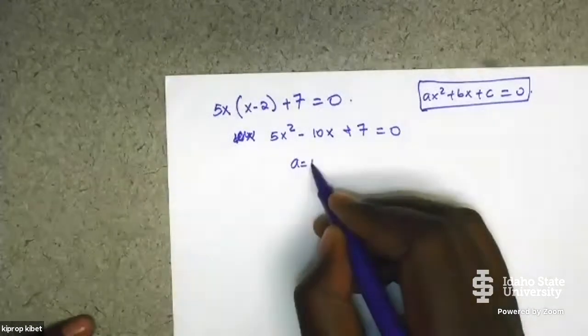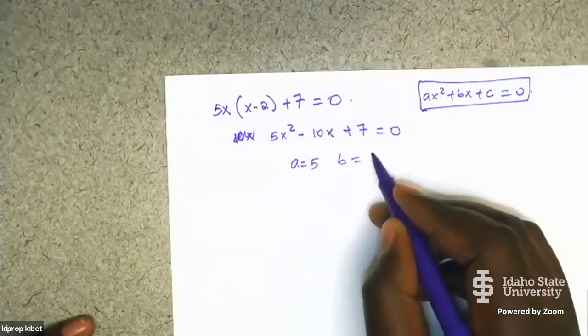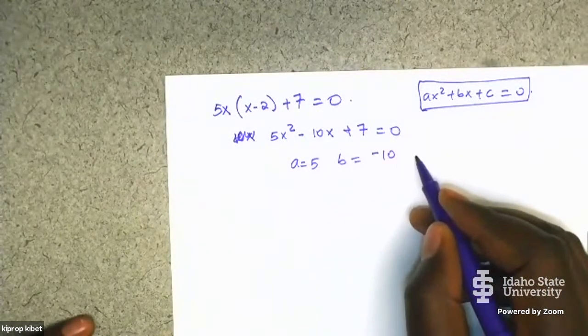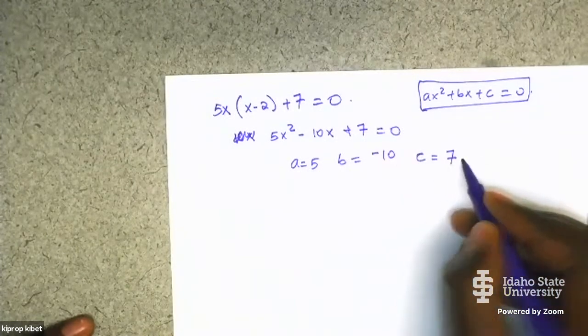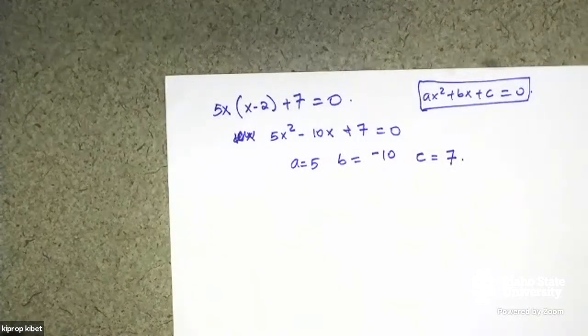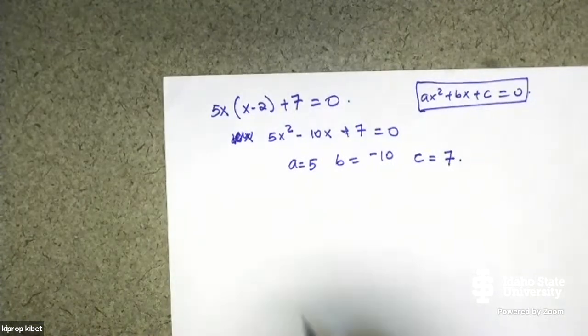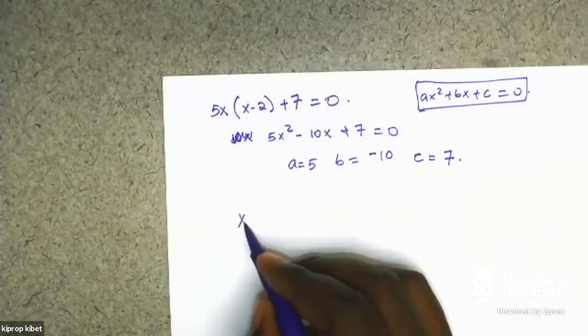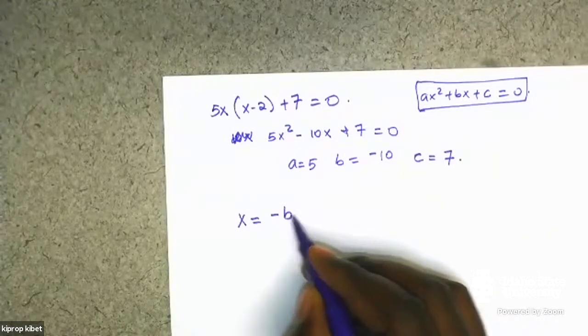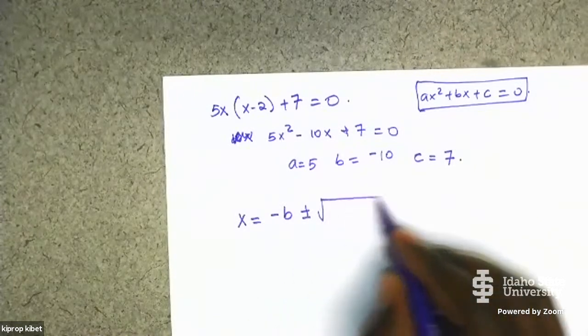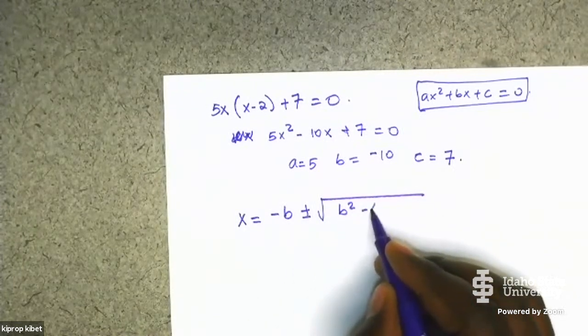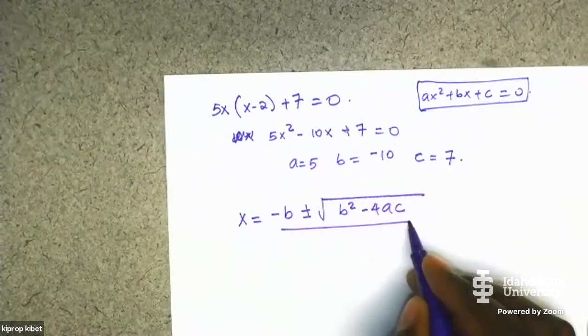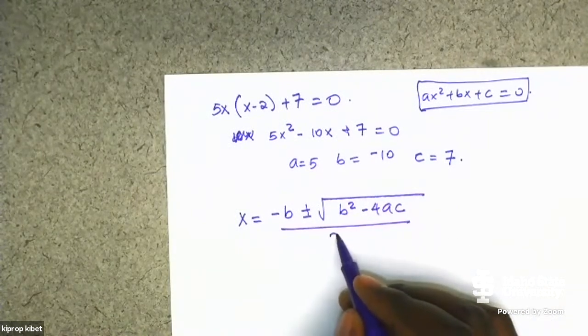Our A equals 5, our B equals minus 10, and our C equals 7. So using our formula, in this case, we're looking for x equals minus b plus or minus the square root of b squared minus 4ac, over 2a.